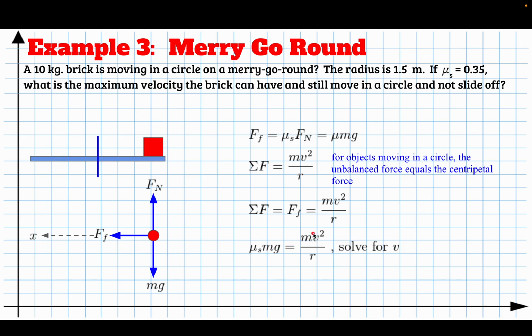The masses cancel, so it does not matter what the mass of the brick is. You can find the maximum velocity by the square root of mu sub s times g times r. If you plug in those numbers, that's 2.27 meters per second. So in this case, I applied Newton's law to find the unbalanced force to solve the problem, and I had a free body diagram.